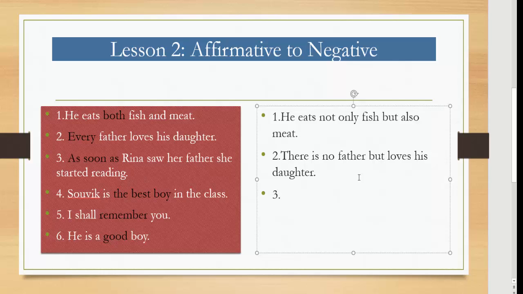Next, number 3, as soon as. How to change to negative if there is as soon as in a sentence? At first I have to write no sooner had. Next, the noun, Rina.